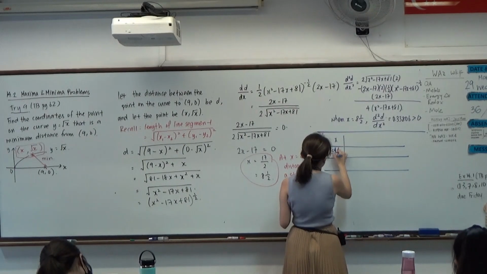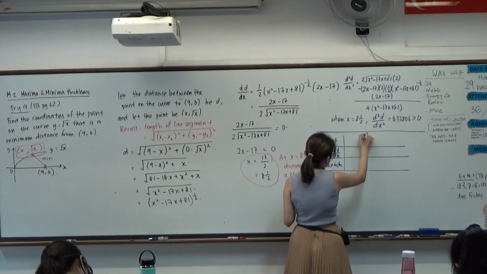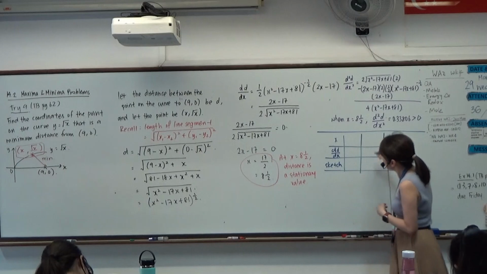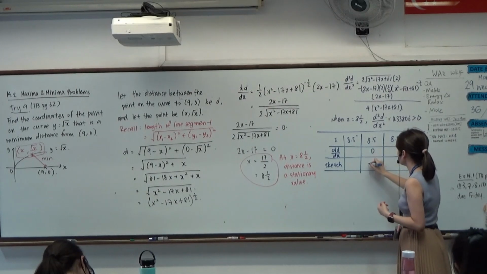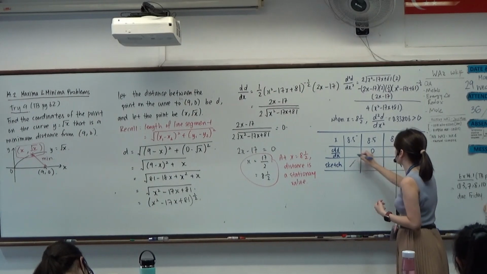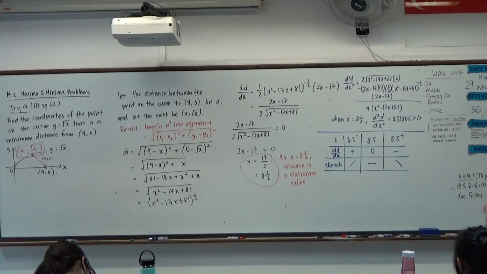In this case, dy over dx, and then the sketch. So we have 8.5. Okay, and I will have this.